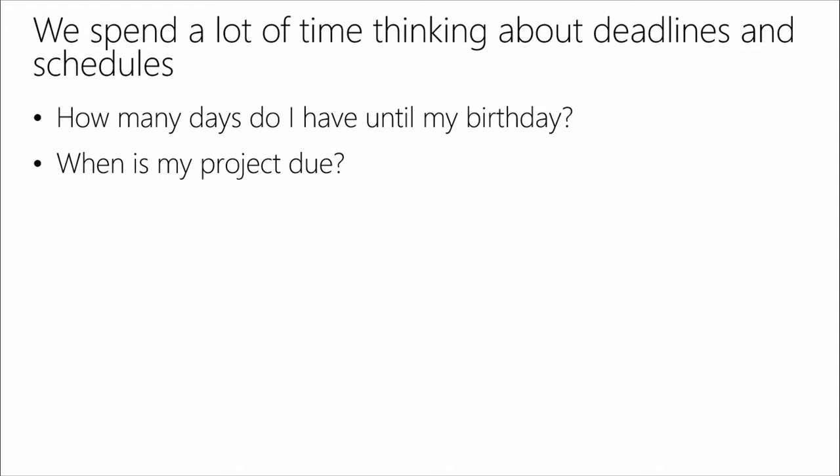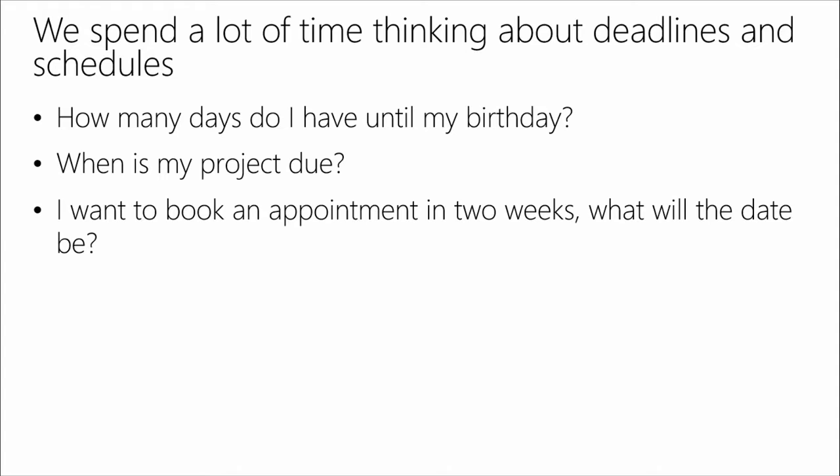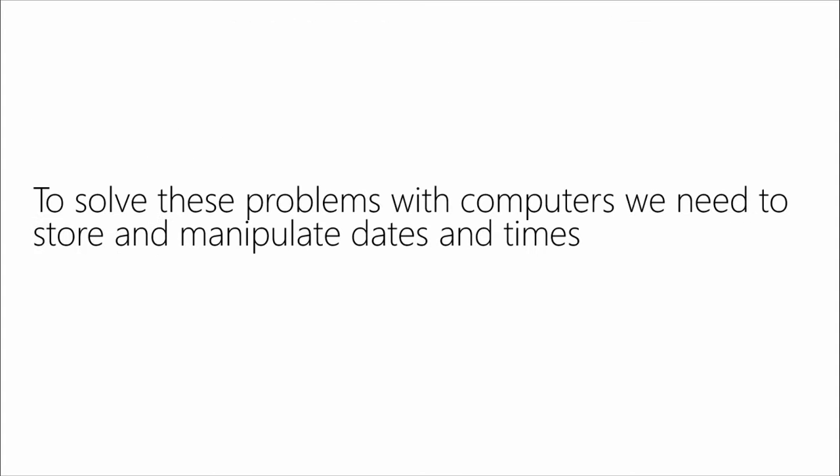Based on a project being due, is it late or on track? If I'm looking to book a follow-up appointment two weeks from now, or my contacts are 30 days, I have to remember to pull them out after 30 days. So how do I do something like that?